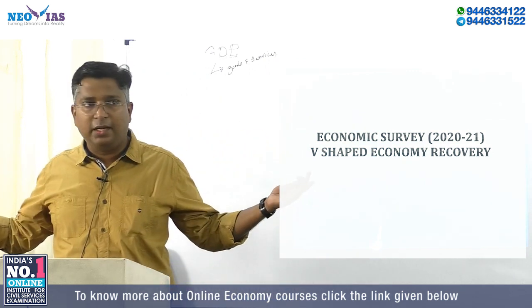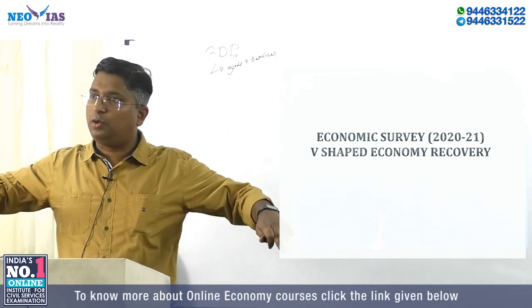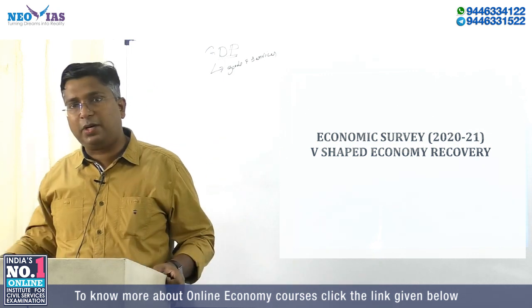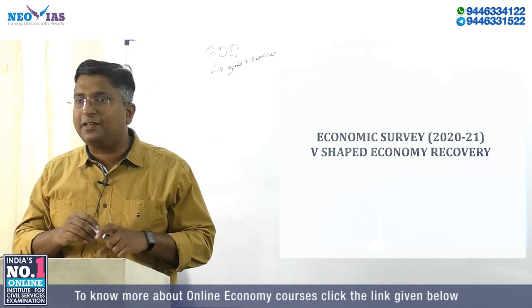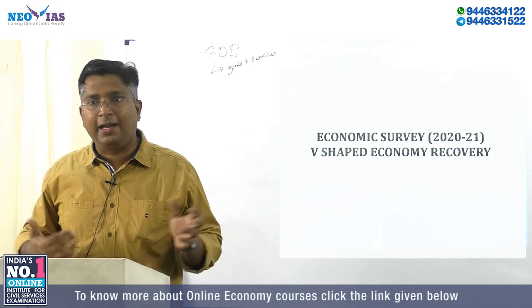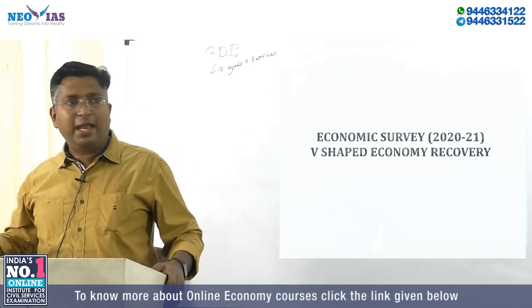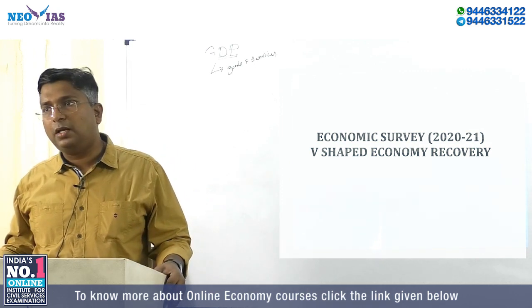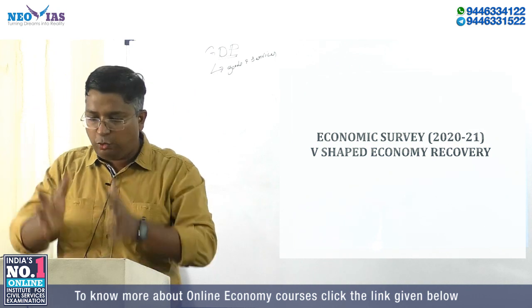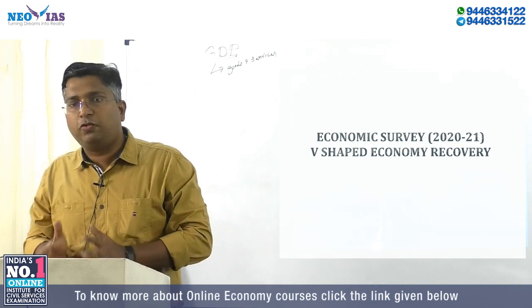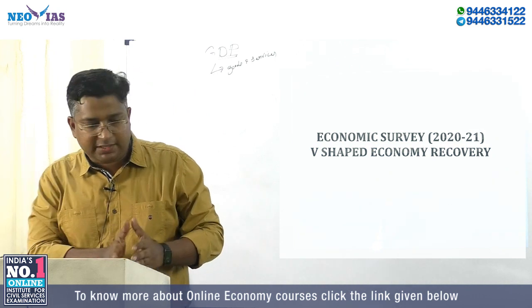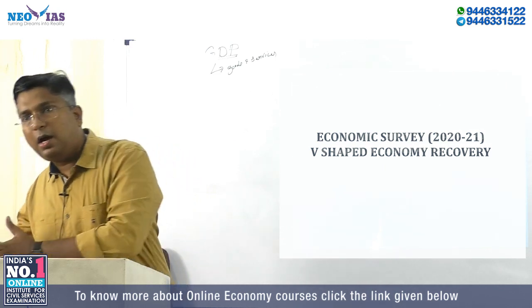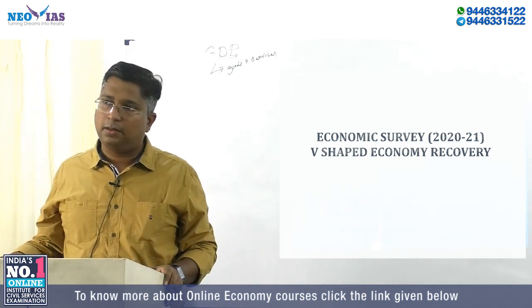GDP is the money value of all the final goods and services produced in our country. So these goods and services have a supply angle as well as a demand angle. So we can calculate national income from the supply side or from the demand side.